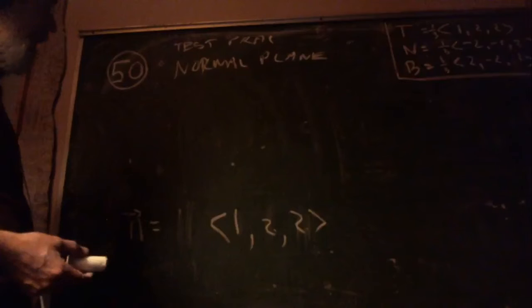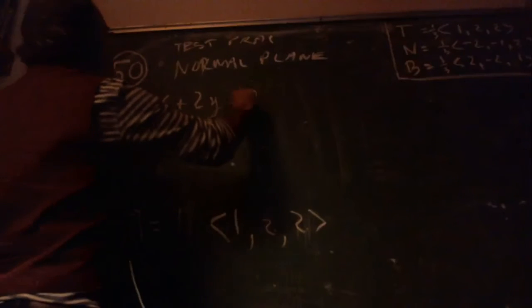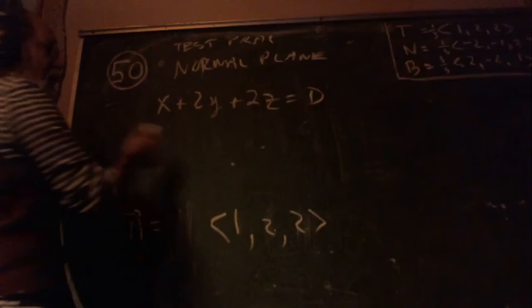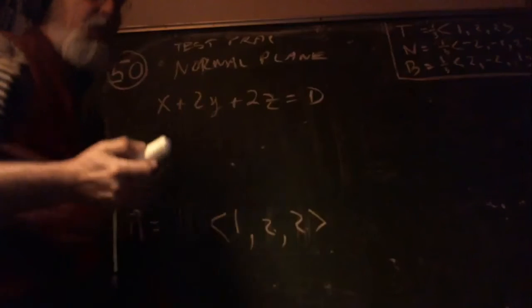So now I've got a normal to the plane. This thing is perpendicular to the plane that we seek. So that means that I have x plus 2y plus 2z equals big D, and that's where that point, which we haven't looked at in so long, comes in. We have the point 0, oh, was it a 2, 1 or a 2, 2?